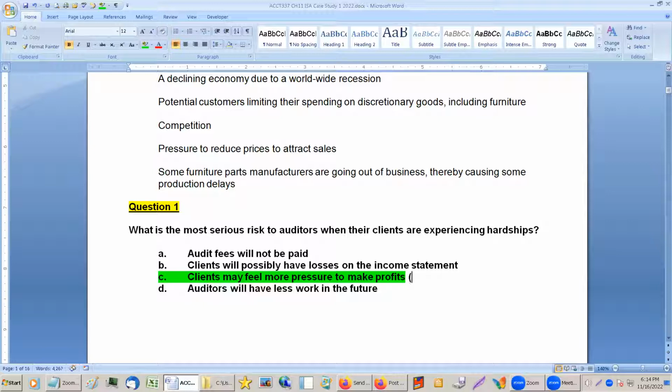If the pressure gets enough, it may be the tipping point for a client to cook the books.